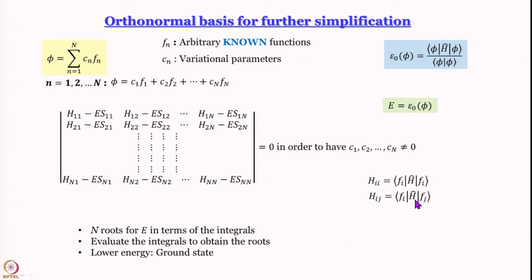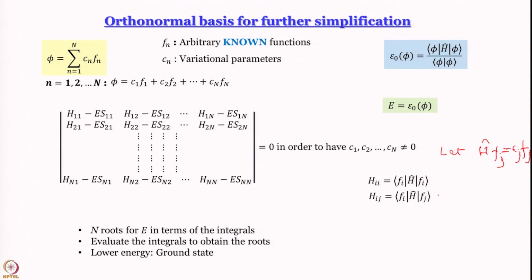I am choosing eigenfunctions, so let us work with this Hij. Hamiltonian operating on fi gives me epsilon i fi, and this epsilon is not the same as that epsilon, it is different. So, the Hamiltonian operating on fj will give me epsilon j fj, good old eigenvalue equations.